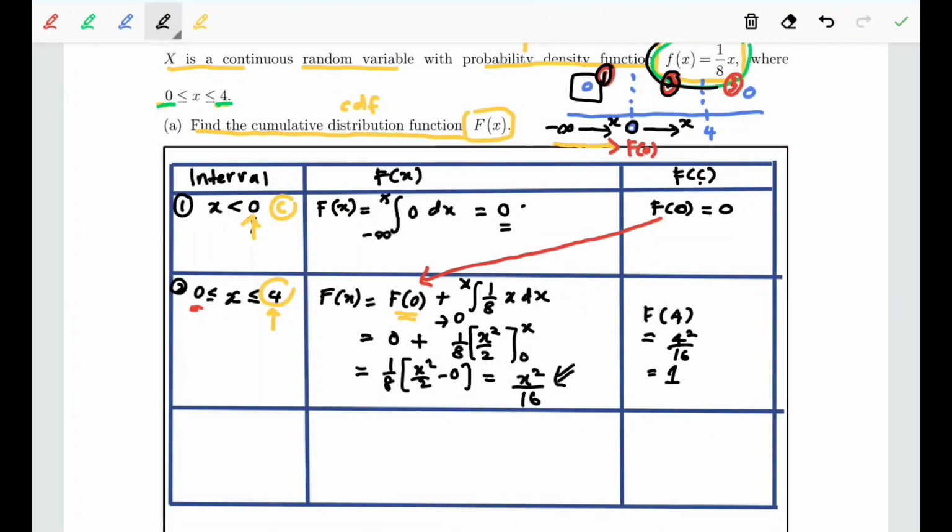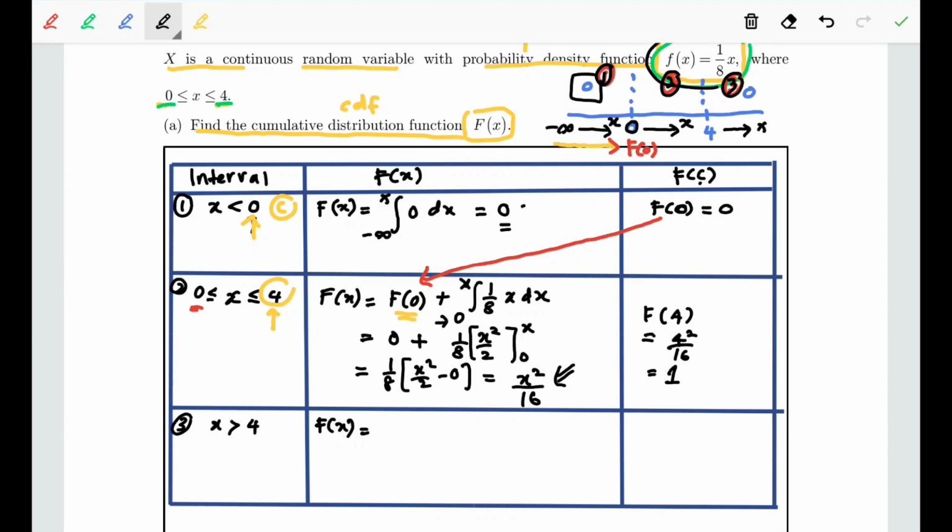Then we're going to substitute for the last interval, which is for x greater than 4. The function here, f(x), equals, since for this interval we start from 4, we have to integrate from 4 until x.